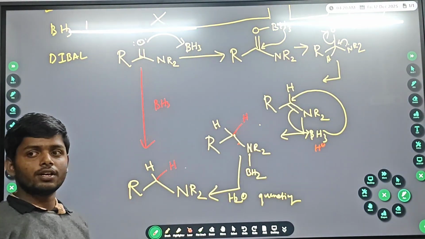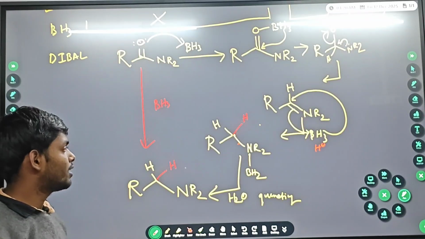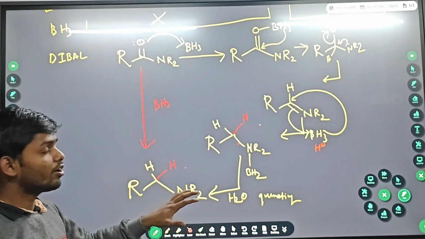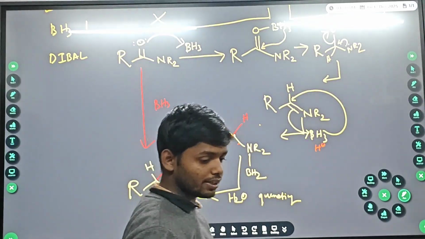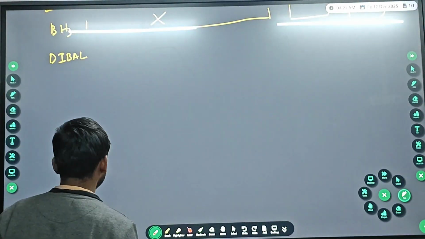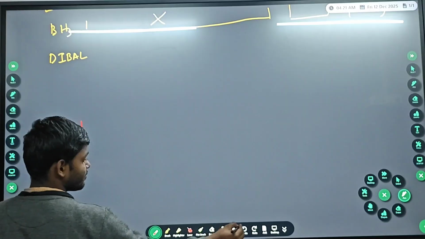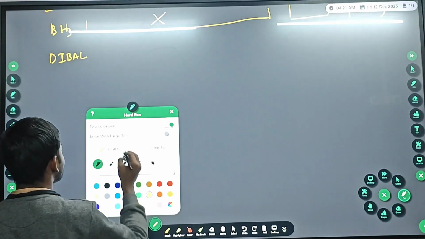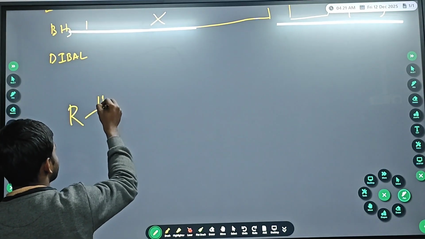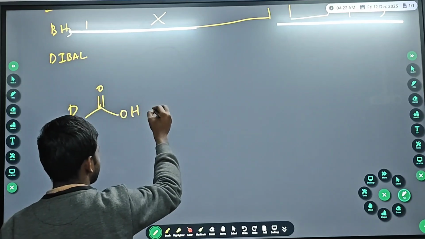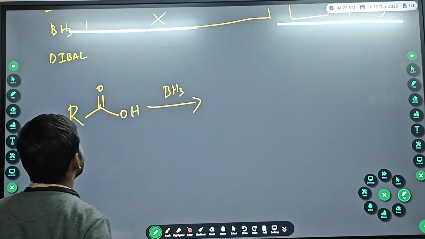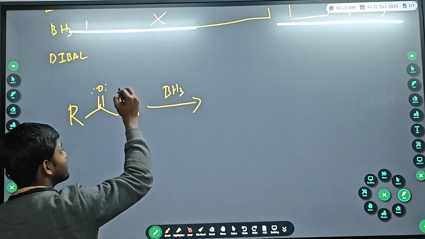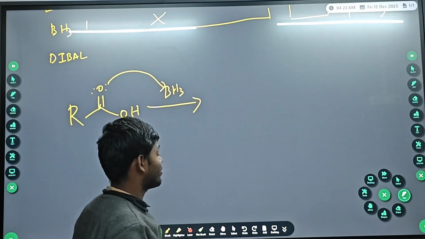So in this case, borohydride will be used. In another case, borohydride will be used on the carboxylic acid. How the carboxylic acid behaves differently, we will see. Let's say this is the acid. This is boron, and this is much more nucleophilic. This will attack the boron.